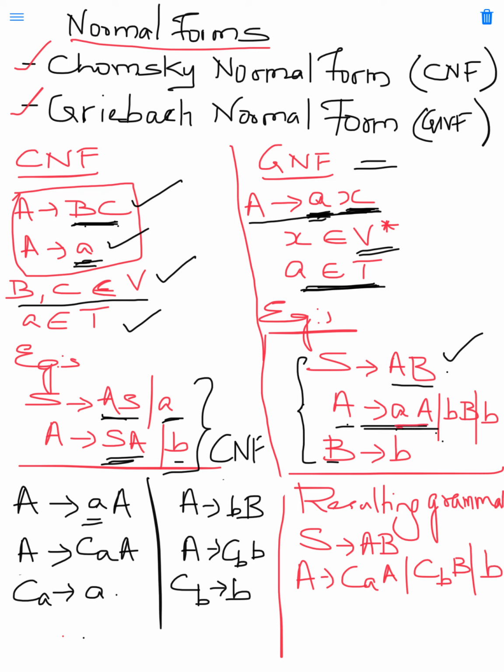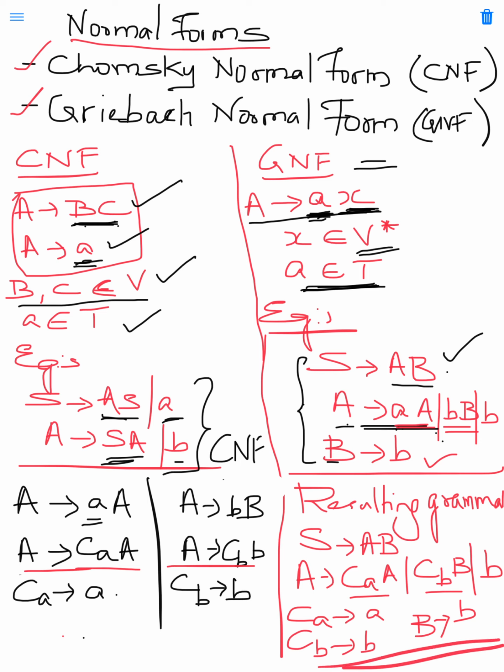That is, in place of aA and bB you have to insert these two productions. Then CA gives a, CB gives b. One more is there, that is the thing from the question itself, that is B gives b. Okay, so this is the resulting grammar that is in CNF.